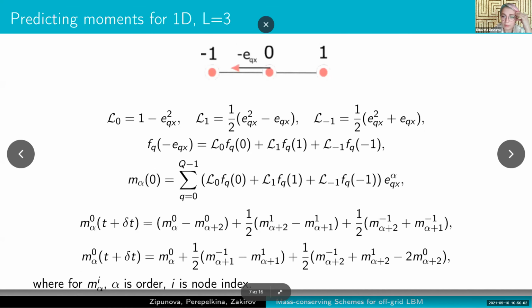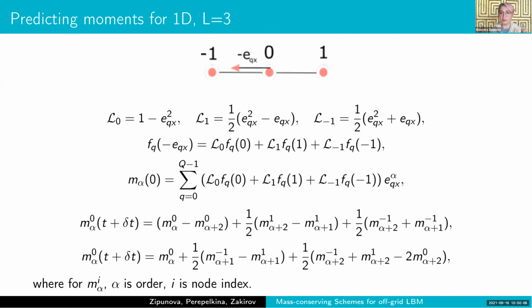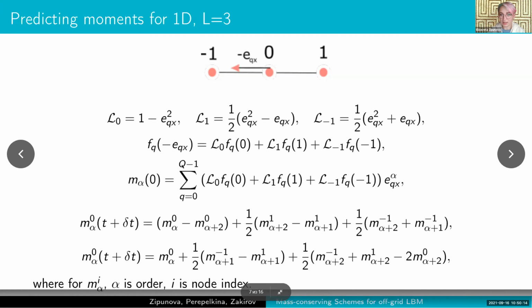Let's carefully observe how it is done for one dimension and for a 3-point fixed interpolation stencil. You can see that the interpolation coefficients of Lagrange interpolation are second order velocity polynomials. So when we open the brackets and sum the results in the expression over all quadrature points, we'll have second order moments.